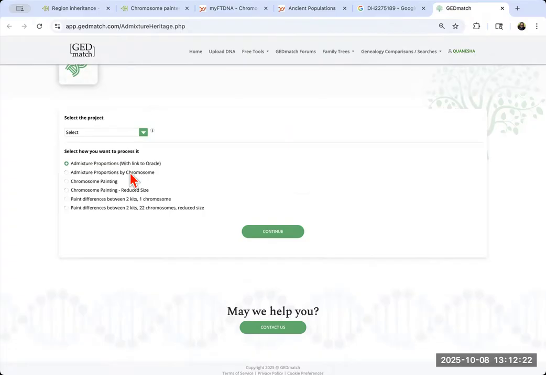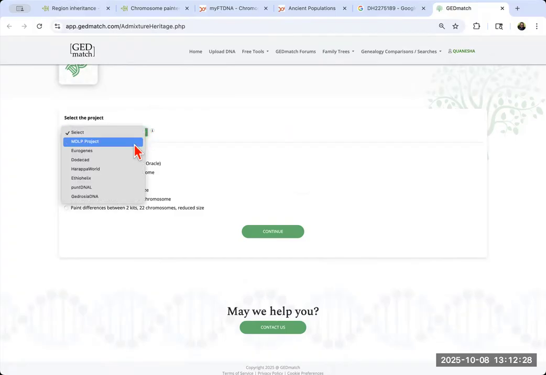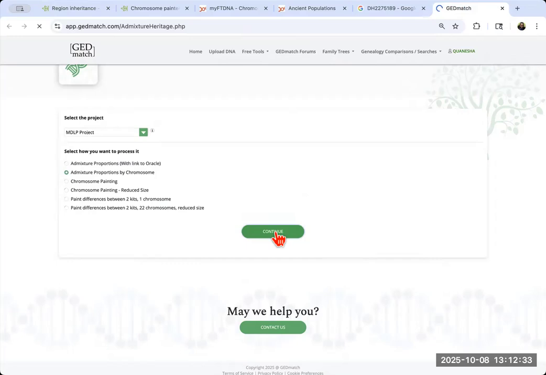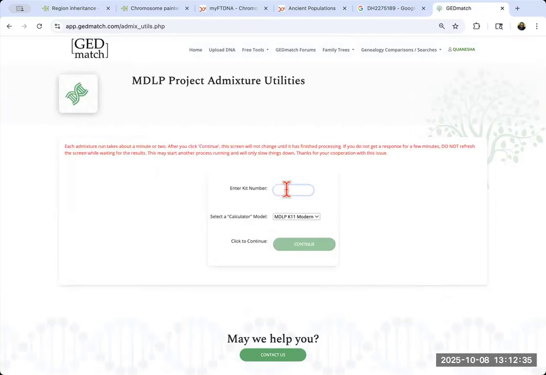But as we can see, you can break down the admixture by chromosome. So I'm just going to pick the basic one, MDLP, and then enter in that kit number and do World 22.